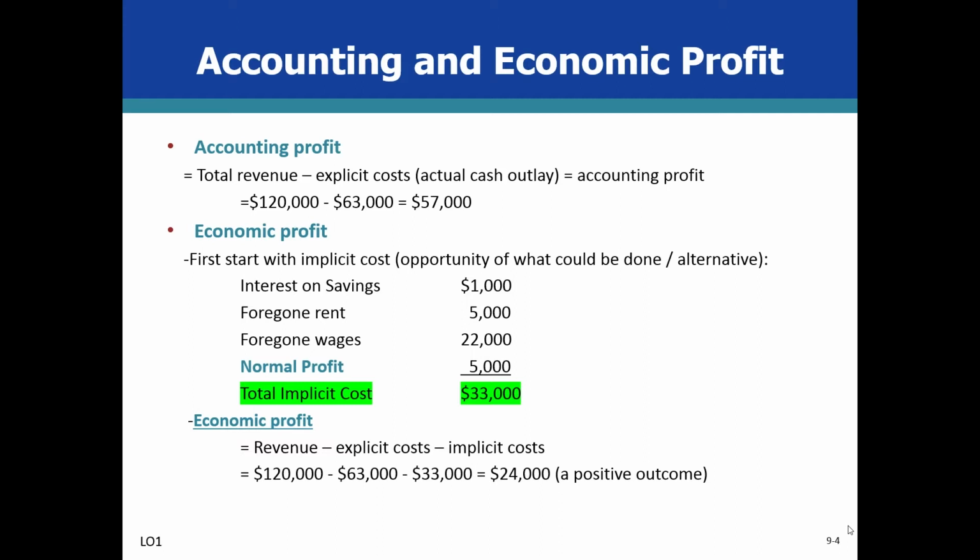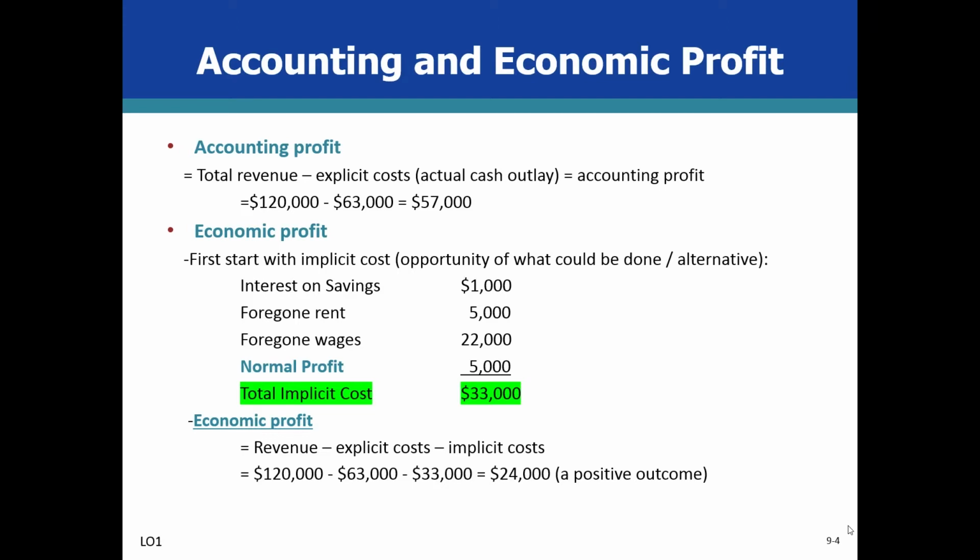Economists calculate profit a little differently. First, we have to understand implicit costs. So let's go through them. In our example, the owner took out savings from her bank account that was earning $1,000 a year. And it could have rented her building to another firm for $5,000.